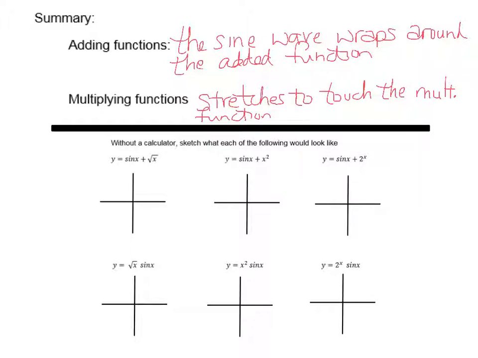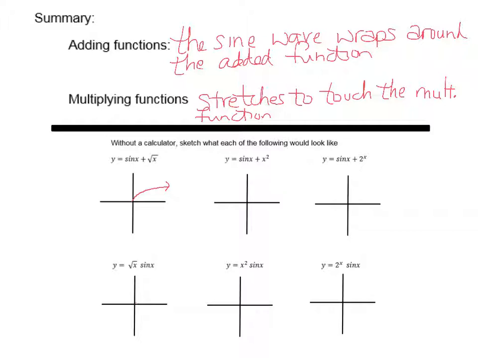Let's try some other types. We're going to focus first of all on adding functions. I'm going to take my sine graph and I'm going to add the square root of x. The first thing you need to remember is, what does the square root of x look like? It's like a sideways parabola.